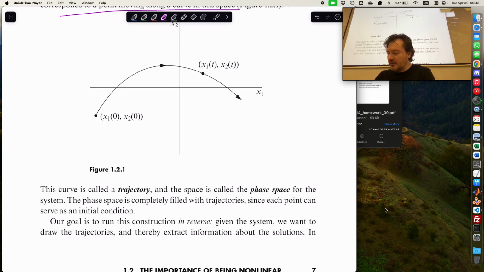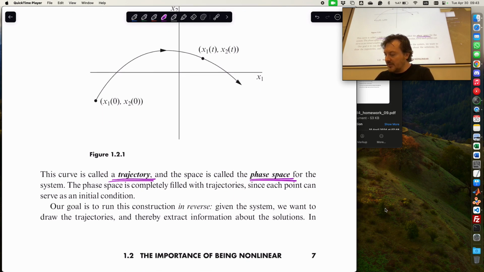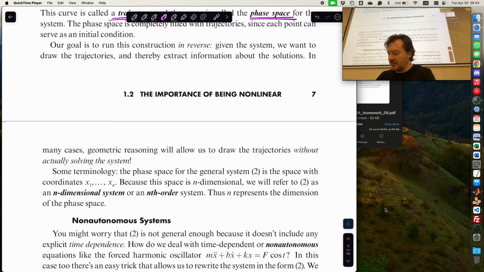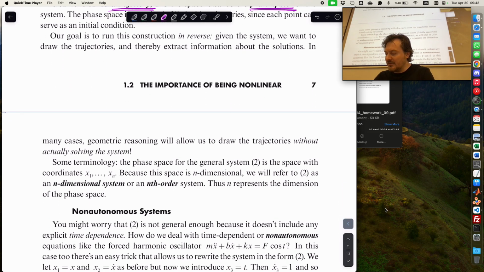This curve is called the trajectory, and the space is called the phase space for the system. The phase space is completely filled with trajectories since each point can serve as an initial condition. Our goal is to run this construction in reverse. Given the system, we want to draw the trajectories and thereby extract information about the solutions. In many cases, geometric reasoning will allow us to draw trajectories without actually solving the system.